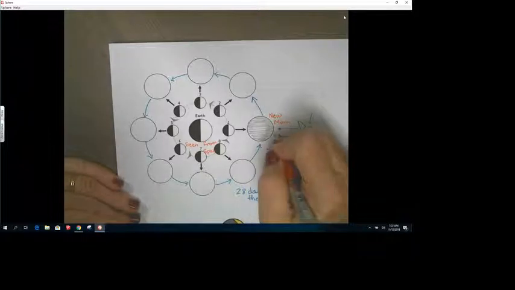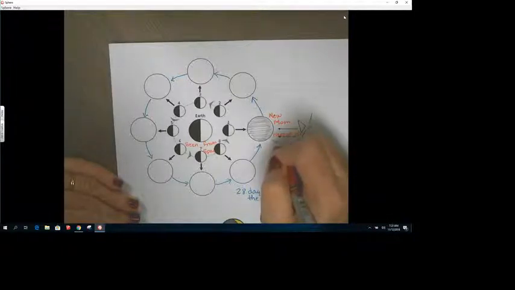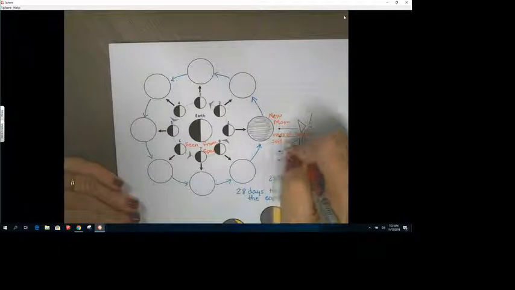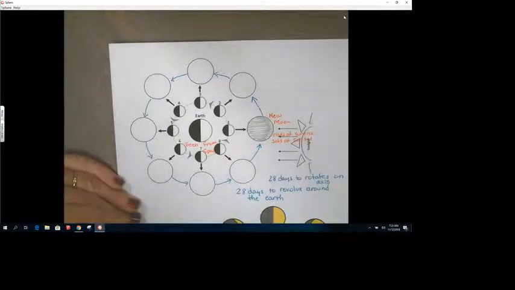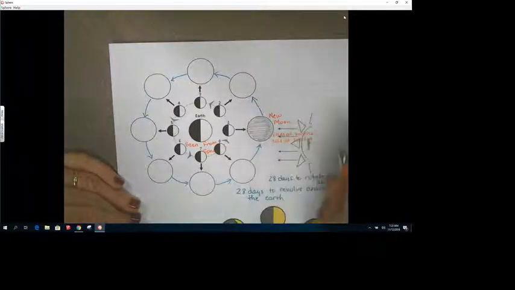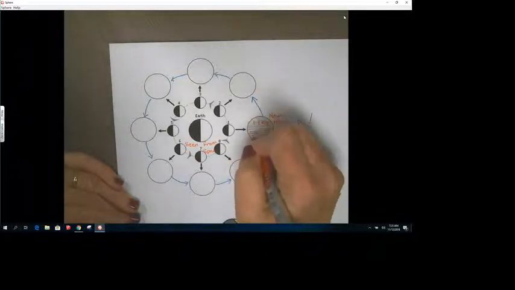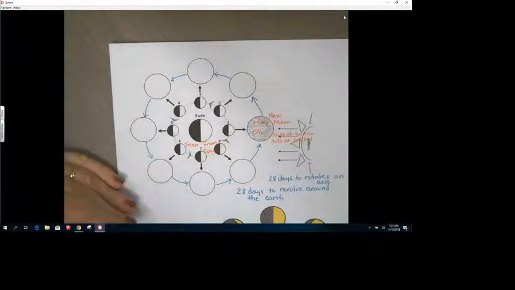Remember that this rises at sunrise and sets at sunset. That's why we typically don't see it, is because it's up during the day. Remember that there's also only one day for this. And we have close to 0% luminosity.